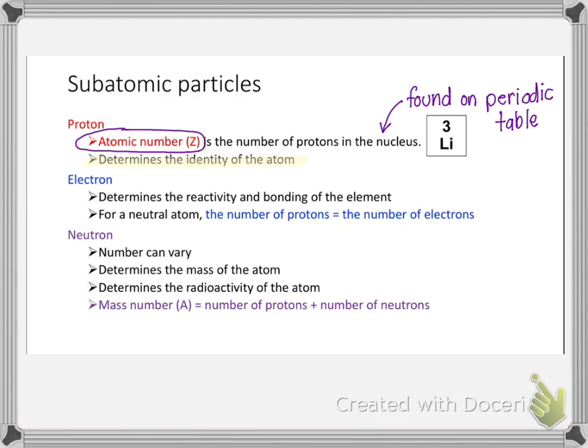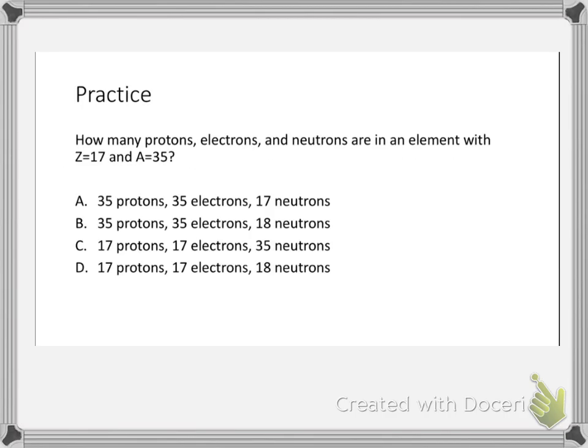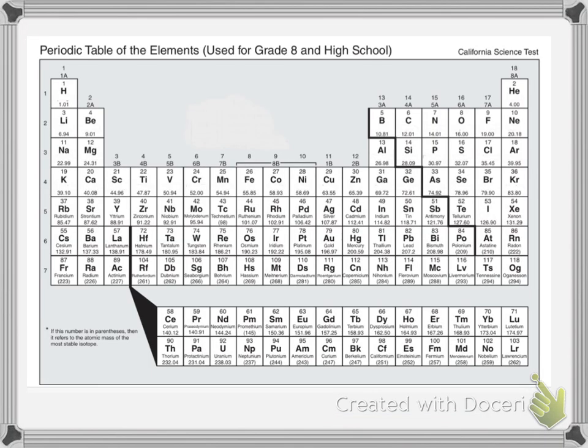Okay, so no two atoms have the same atomic number. Here's the periodic table, and the atomic numbers are these numbers right here.